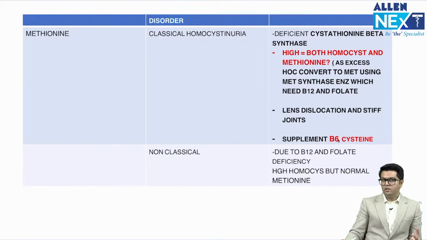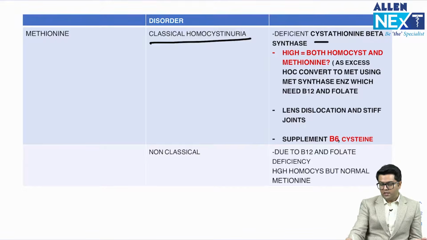Now guys, methionine has three important points, first of all classical and non-classical homocystinuria. So how to differentiate them? Guys, in the classical, cystathionine beta synthase is the enzyme which is deficient. So there is a high level of both homocysteine and methionine, right?